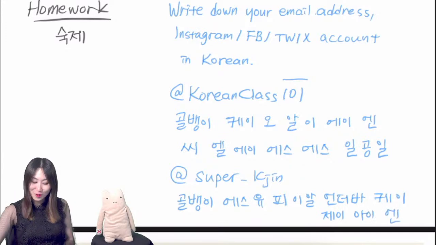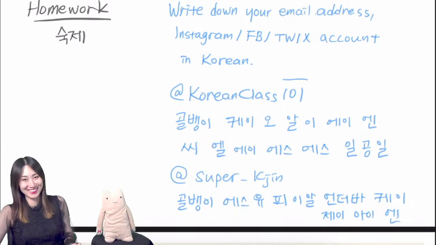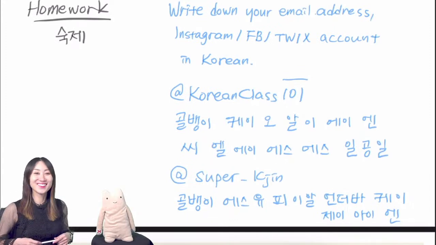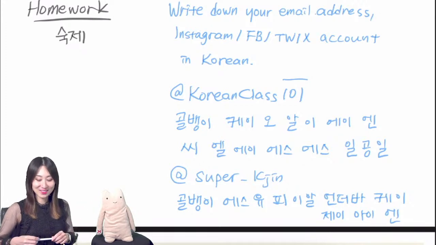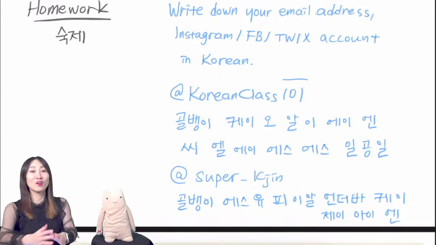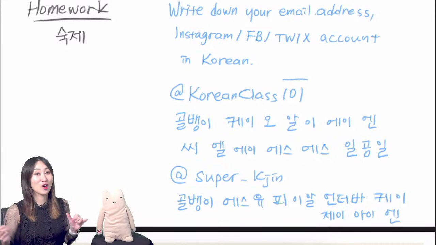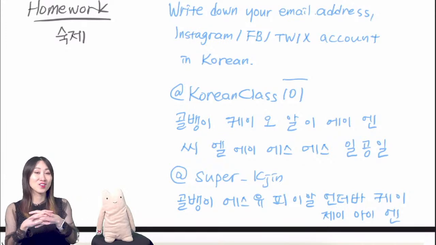I think this itself is already a great practice. Okay, so anyway, good luck everyone. Please practice that and let me know on our Facebook account or YouTube channel or on my personal Instagram.